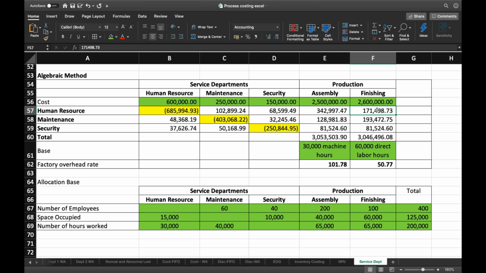For finishing department, that's 100 over 400 times 685,994.